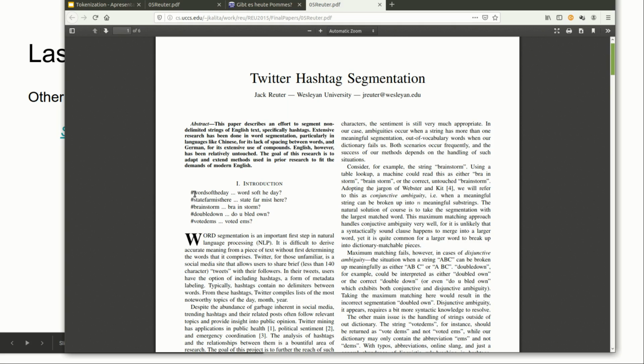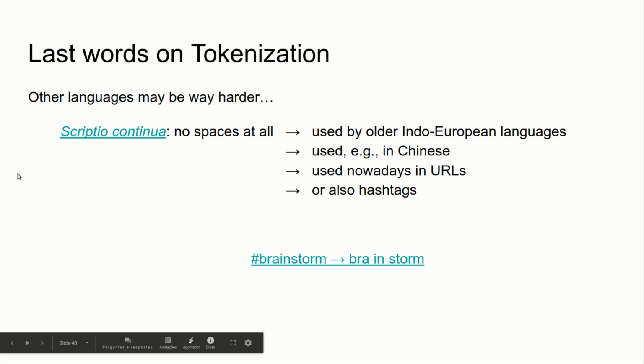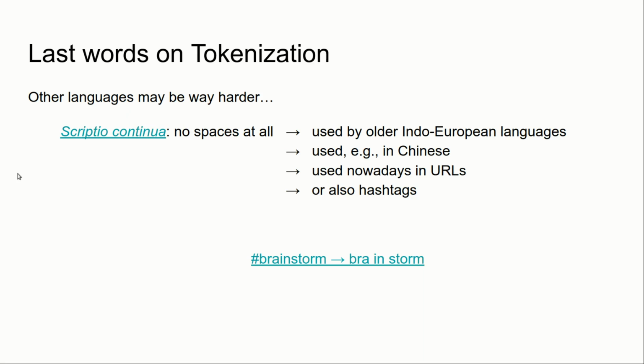Or here there are others like wordsoftheday, into words oft heday. I just thought that this is a way to show that this might be a harder problem when you don't have spaces and you want to separate the words, and you might end up needing some information about what words go along with which other words.